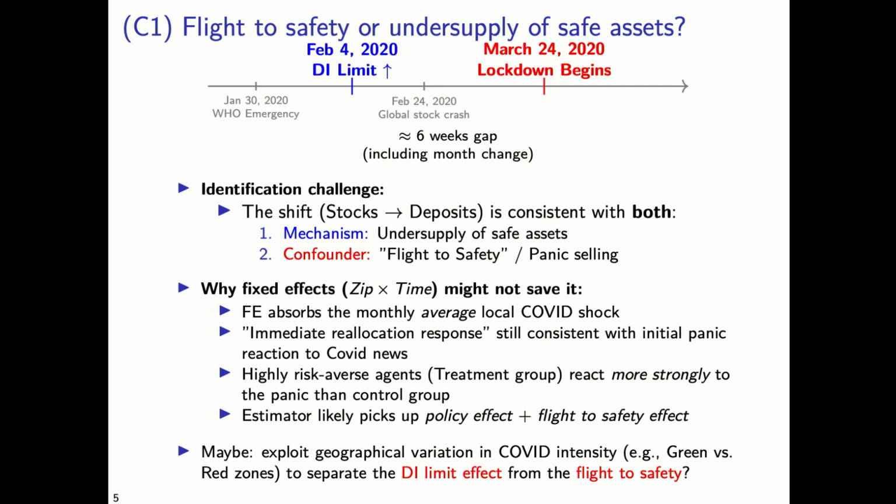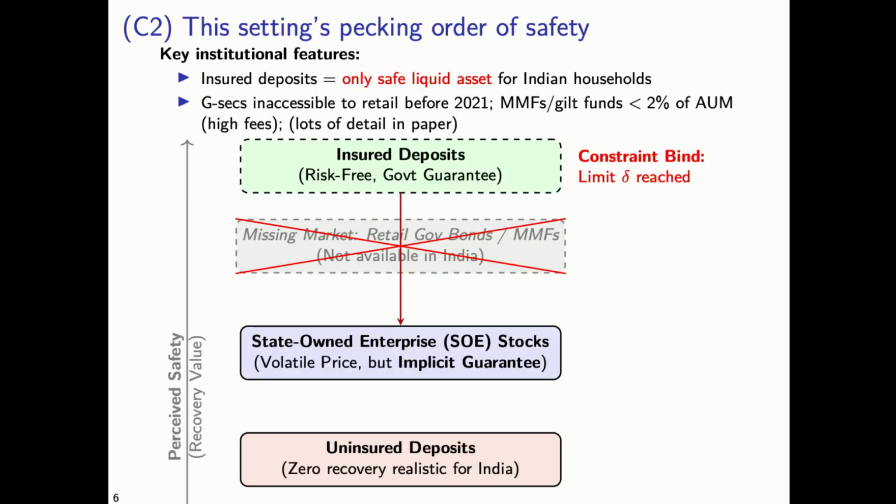Green and red zones were also declared, and yellow, I think, also in India, to separate the severity of COVID, to separate whether it's about the deposit insurance limit effect or the flight to safety. But generally, it could still be argued that since it's a global event, and these firms that were potentially large may not be located in a given zone, they could be affected regardless. So this is going to be a little tricky to causally separate out.